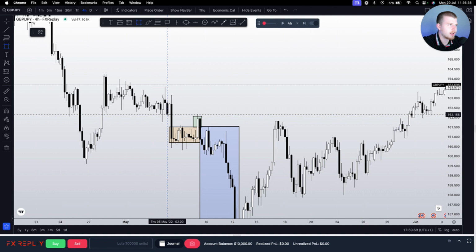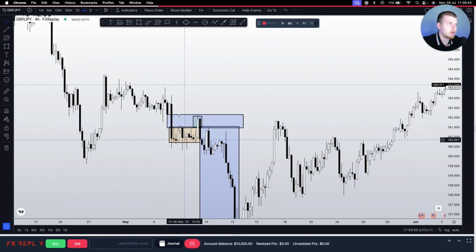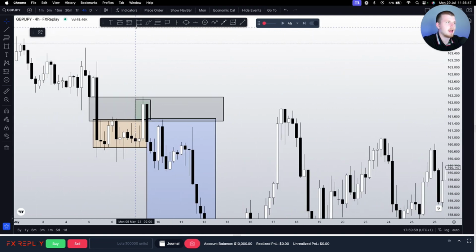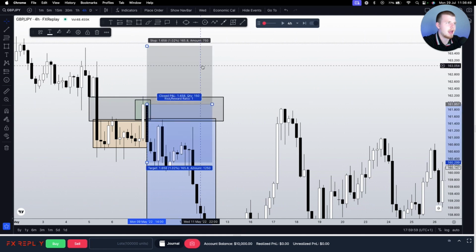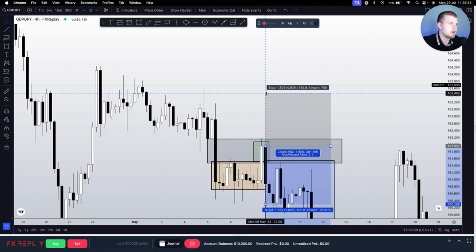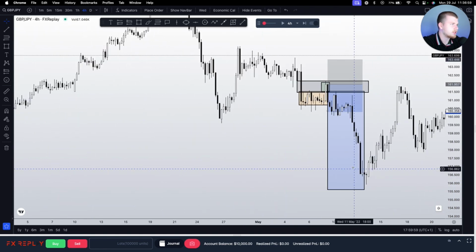As you can see right here, there is a valid bearish fair value gap, literally just above the accumulation range. So as price respected this level, I would enter my sell position right here with my stop loss just above here, or maybe even above here, and I'd put my take profit at this area down here. And that is as simple as it gets.